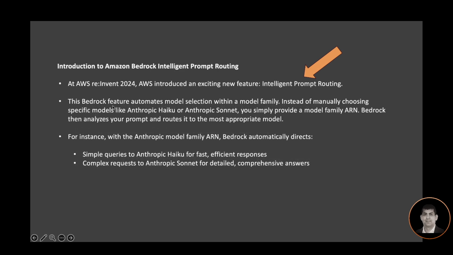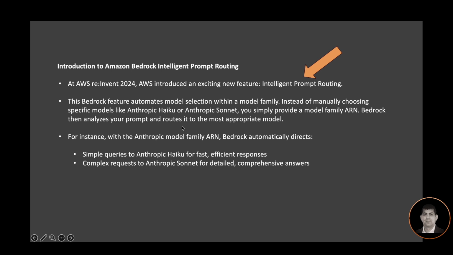At AWS re:Invent 2024, AWS introduced this exciting new feature, intelligent prompt routing. This Bedrock feature automatically selects the model from a model family. So instead of manually choosing a specific model like Anthropic Haiku or Anthropic Sonnet, you simply provide a model family ARN.